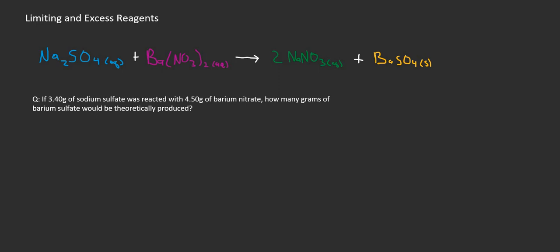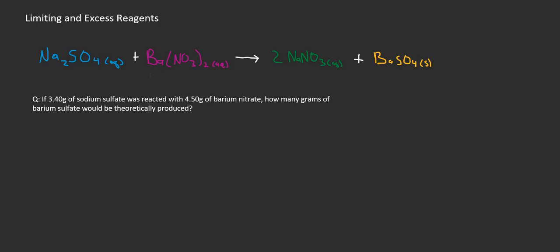And this is often how you'll see these limiting and excess reactant questions phrased, because ultimately what we're looking for is the theoretical yield. We're looking for how much of our solid we can theoretically produce with these amounts of reactants, and that's going to be dictated by the limiting reactant.